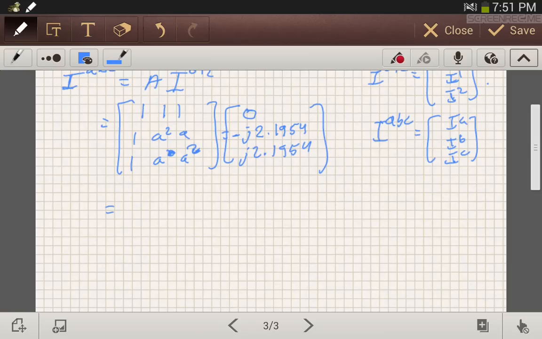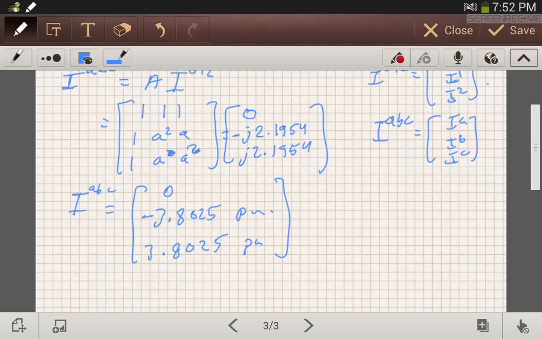So what I'm going to get is 0, minus 3.8025 per unit and 3.8025 per unit. So this is IABC, so IA is 0, IB is minus 3.8025, and IC is 3.8025.